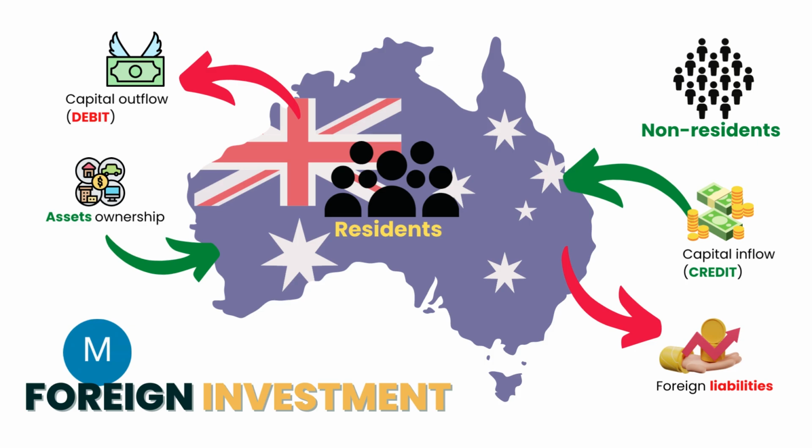For example, if residents of Australia invest abroad, that is a capital outflow, which in return would increase the asset ownership from the foreign countries. On the other hand, when non-residents invest in Australia, that is a capital inflow, which in return would result in foreign liabilities.